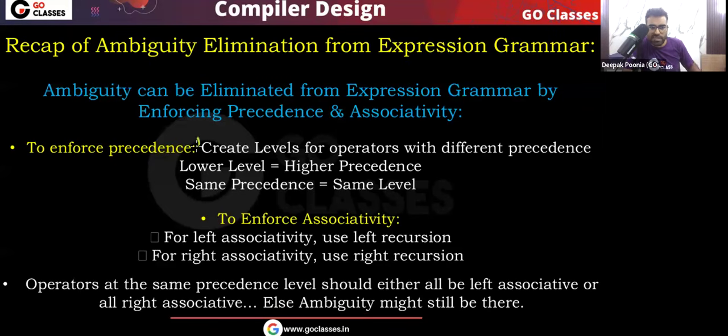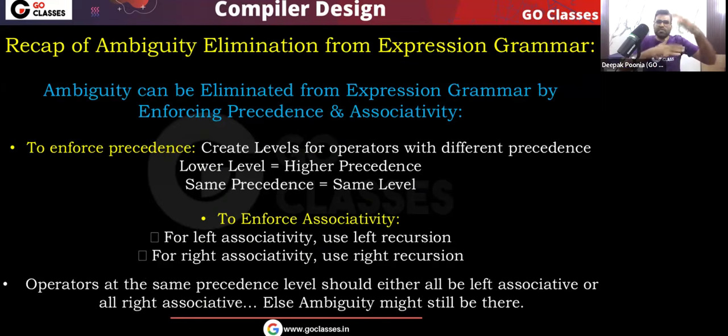So these are the three rules to eliminate ambiguity from expression grammar: enforce precedence, enforce associativity, and on the same precedence level, all the operators must be left associative or all must be right associative.